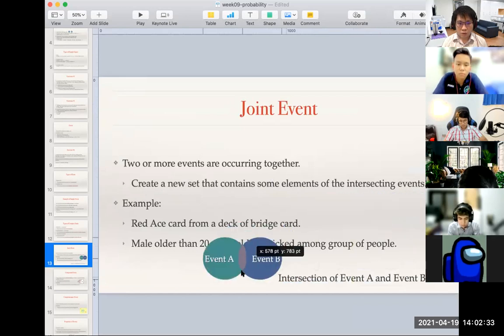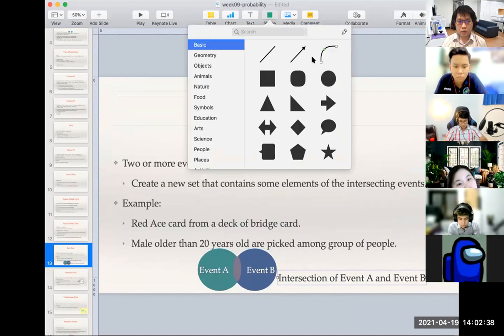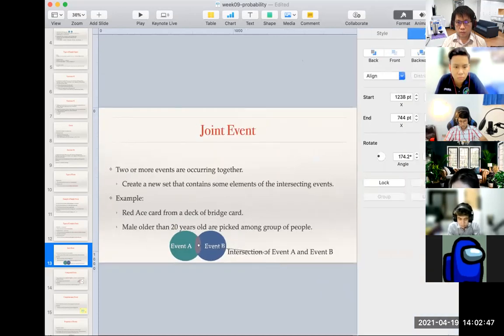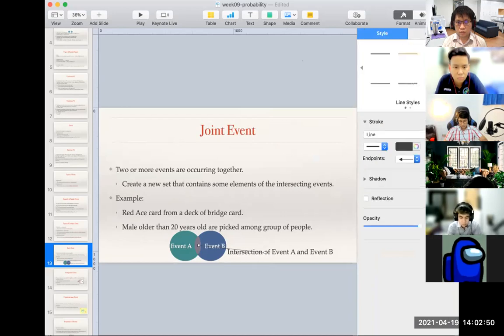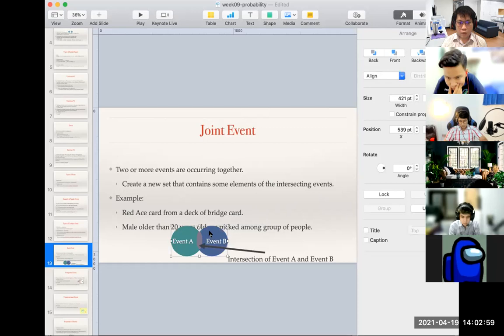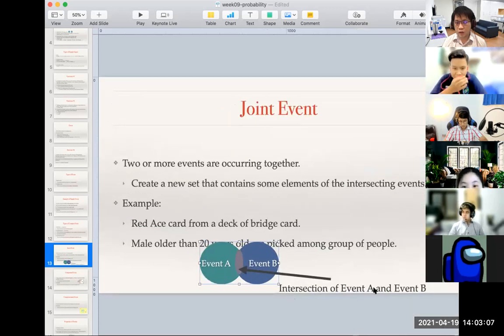Everyone can see it, right? The purple area here, the intersection of these two events, is called the intersection of event A and event B, a combination of event A and event B, but they are not combined together.